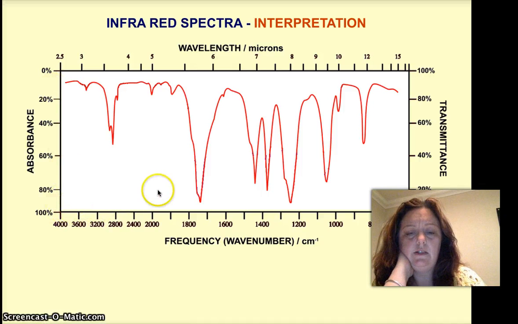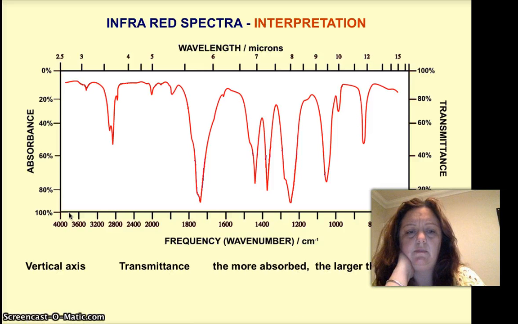Along the x-axis we have frequency, the frequency of infrared radiation passing through. It has a bit of a strange unit, something you won't have seen before, wave numbers. Although you would normally think of frequency as being in hertz, we're going to call it wave numbers, in centimetres to the minus 1. The key thing is that you can read the numbers and where the peaks are falling.